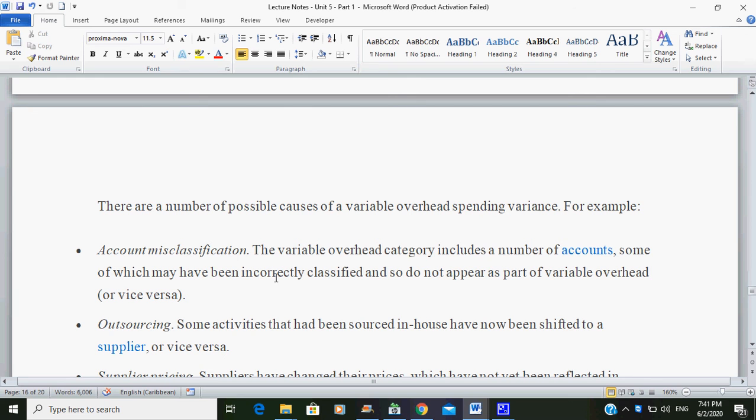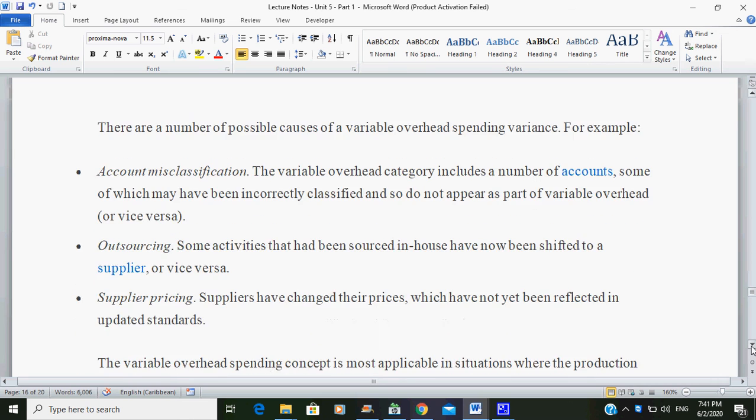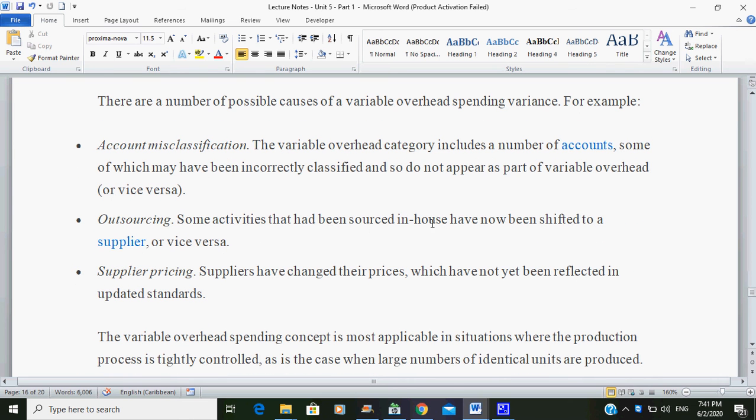Alright. So look at the variable overhead spending variance example now. The cost accounting staff of Hudson Industrial Design calculates, based on historical and projected cost patterns, that the company should experience a variable overhead rate of $20 per labor hour worked, and builds this figure into the budget.